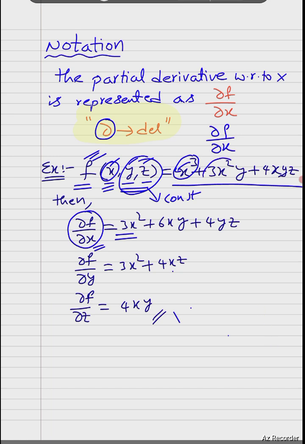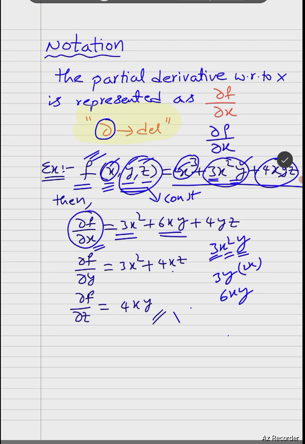Here in the second term we have both x and y. So here y is a constant now. 3x square y: what's the derivative of this? Here 3 and y are constants, separately. The derivative of x square is 2x. So finally it becomes 6xy. Now in the third term, since we are doing with x, y and z are constants.